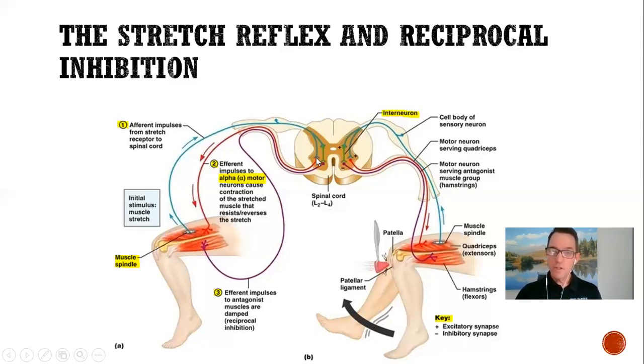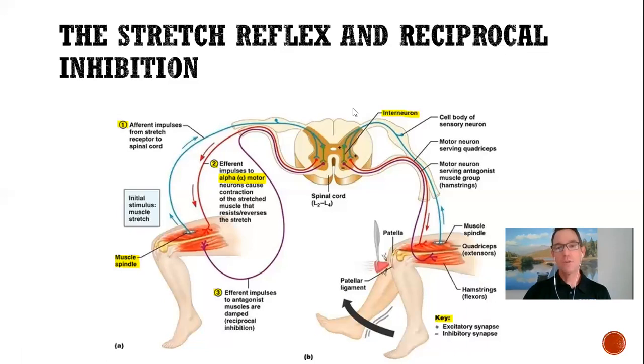The muscle spindle afferent synapses with an efferent motor neuron, an alpha motor neuron here. What does that motor neuron do to the muscle? The muscle is just rapidly stretched. The efferent motor neuron says, let's contract, right?